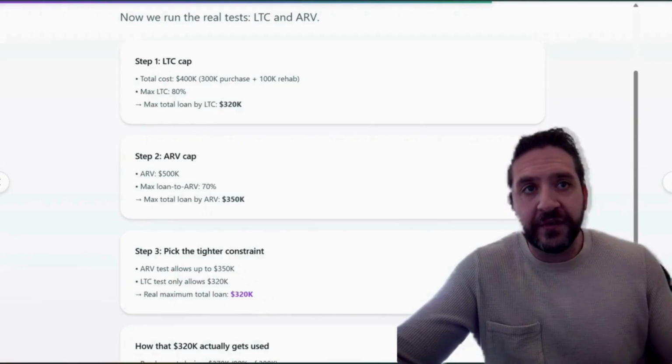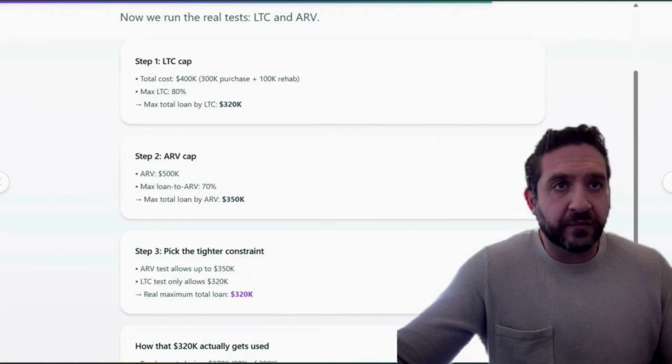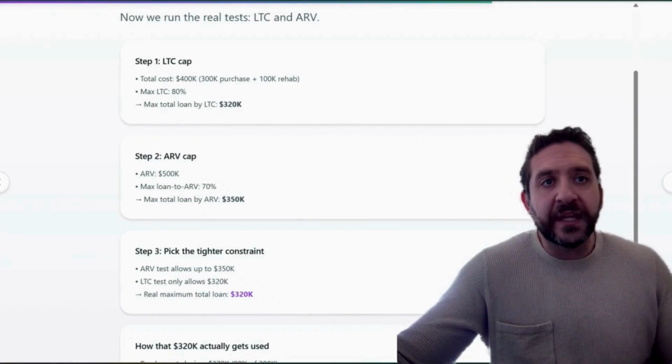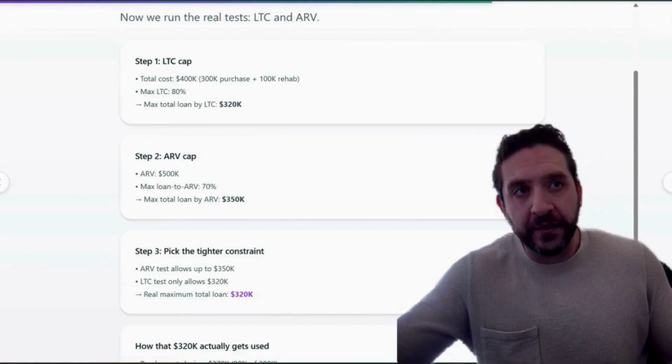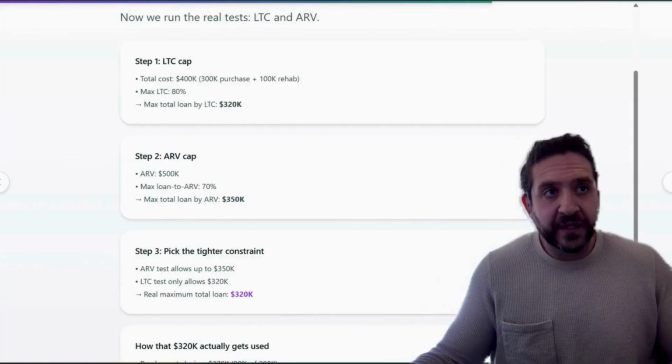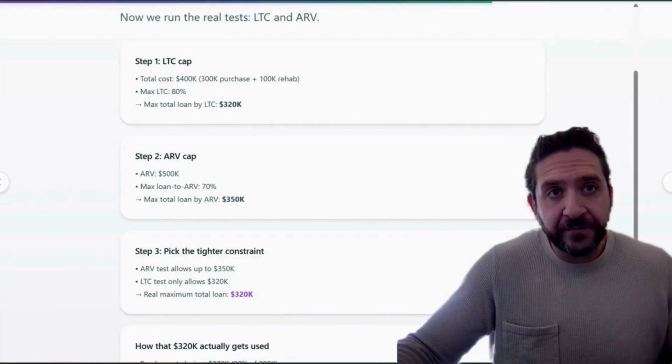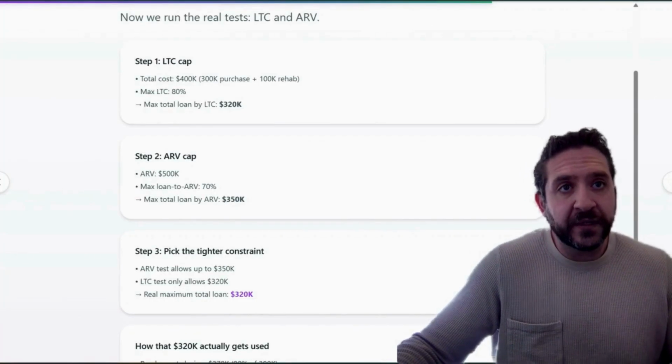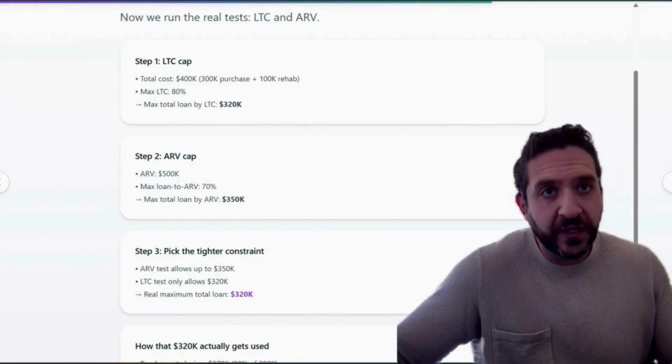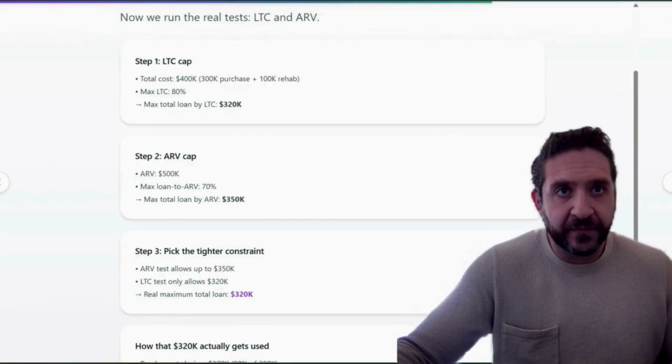So by the ARV rule alone, you could go up to 350. But lenders don't pick the biggest number, they pick the lowest cap. In this case, LTC is 320 and tighter than the ARV at 350. So the real maximum total loan is 320,000.